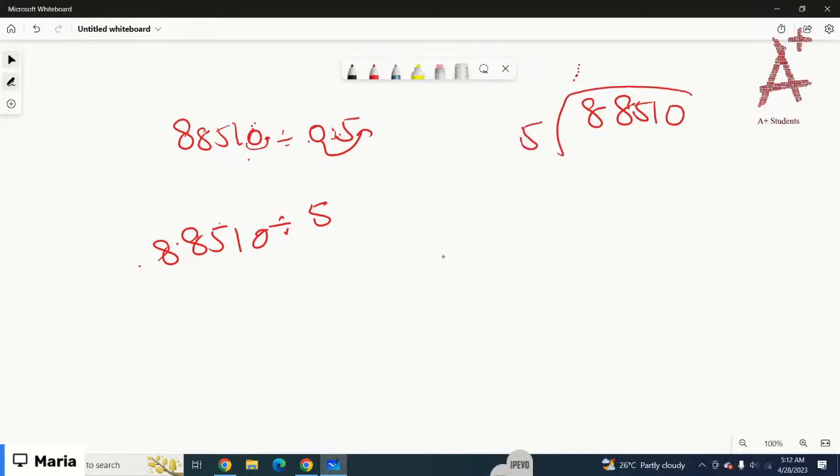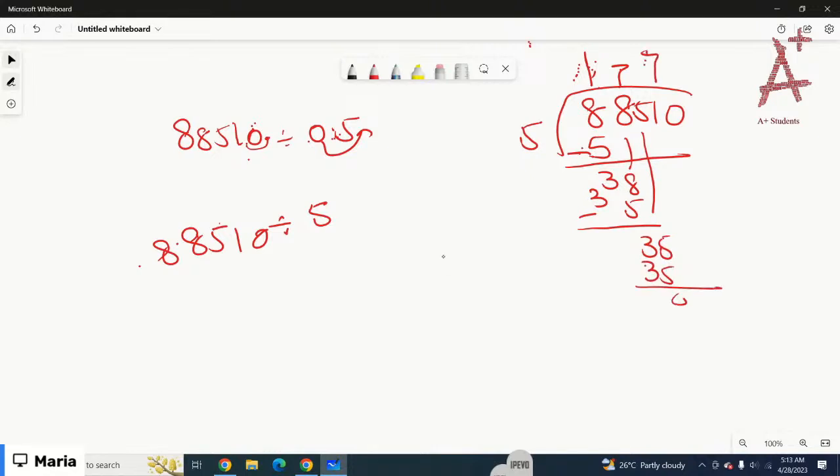Now let's just divide. 88510 divided by 5. Okay, 5 times 1 is 5. 8 minus 5 is 3. Now bring the next digit down. 5 times 7 is 35. So 38 minus 35 is 3. Bring the next digit down. It would be 5 times 7 is 35. Now bring the 1 down. But we can't go for it because it is less than 5. So you have to add a 0 over here and then bring the 0 down.